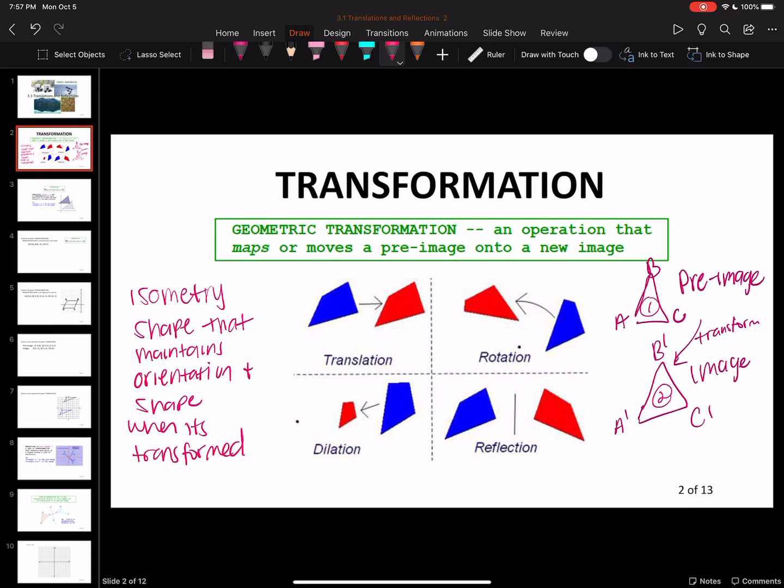So for example, a translation is an isometry because the shape simply is just sliding over to the right, and a reflection is also an isometry because you still have the same shape, same size. Similarly, a rotation is, but notice a dilation changes size. So this one's actually not an isometry.